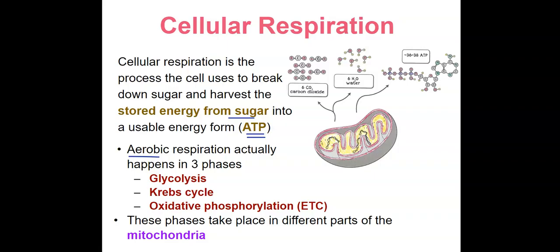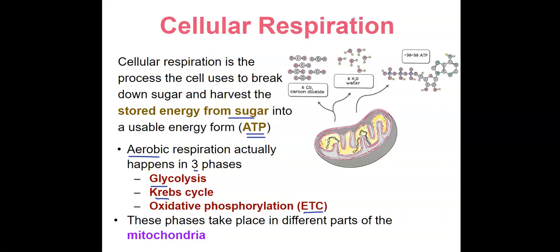So aerobic cellular respiration actually occurs in three phases: glycolysis, Krebs cycle, and oxidative phosphorylation, which I will from now on refer to as ETC. Again, you do not need to be super familiar with these three phases, but we will touch on them very briefly, just to see how the process of aerobic cellular respiration occurs.